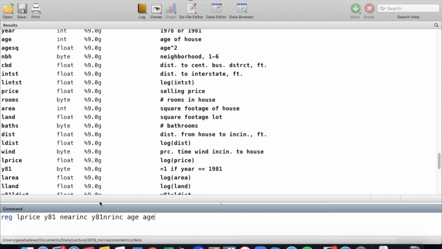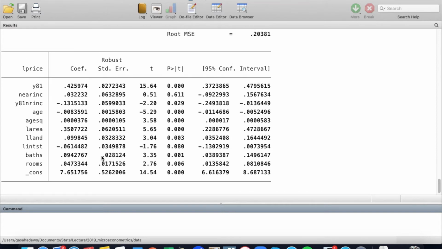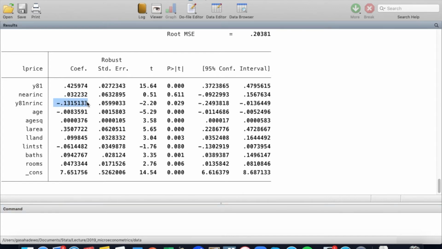So we have age, square of age, the square footage of the house in log, and the square footage of the lot in log as well, the distance to the interstate, and then baths and rooms. Okay. Now, after we include some of the explanatory variables that may explain some of the variation in prices, the estimated effect is no longer 6%.